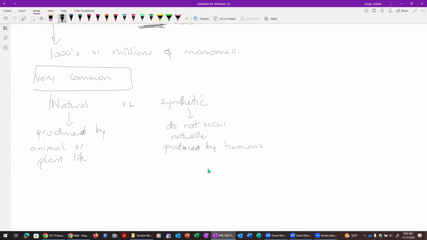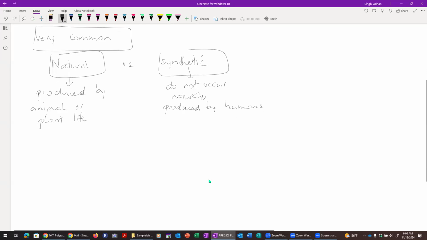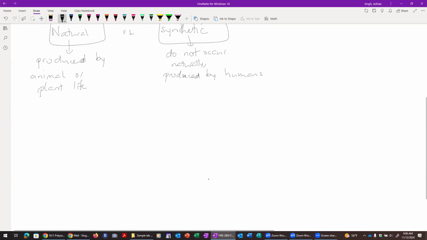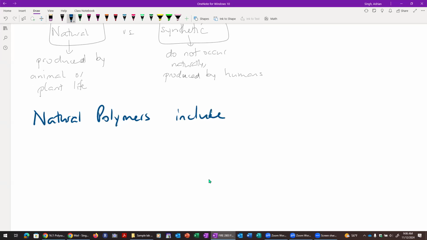not in our bodies, but outside of our bodies. So natural versus synthetic, and we'll take a look, first of all, at the natural polymers, and we'll give you some examples of these, and then we'll dive into maybe a couple of important ones. So natural polymers include things like starches.